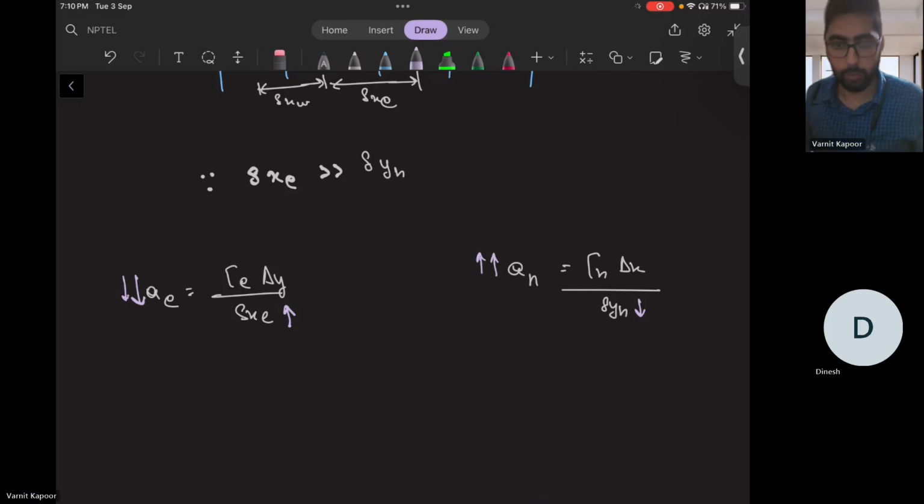What we can say is that A north, the influence of north, is greater than east and west. So we will traverse in Y direction and sweep in X direction.